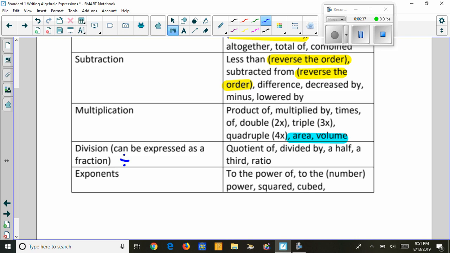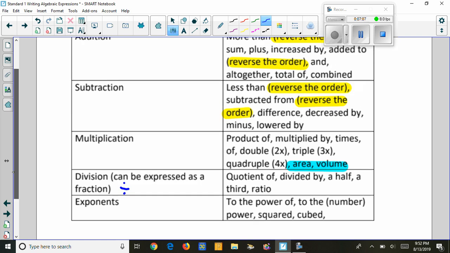We could see a half, which we know is 1 over 2. A third, which is 1 over 3, or to divide by 3. Or if we see the word ratio. One thing we'll have to remember, and we'll review if we need to, is that a ratio is also written in the form of a fraction, and fractions represent division.